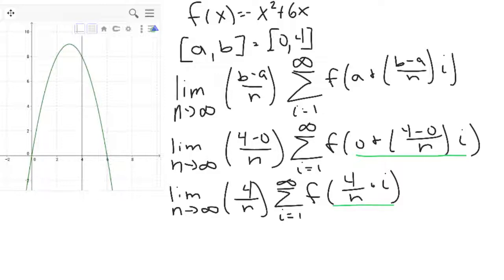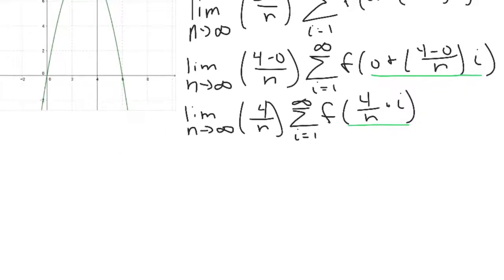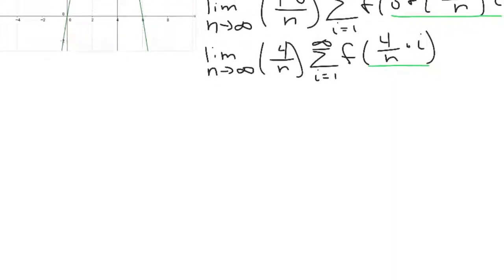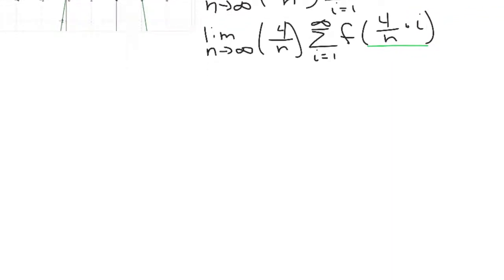Now I can start evaluating my summation. So I'm going to move this up and we're going to keep evaluating. But before I do, I want us to remember that f of x equals negative x squared plus 6x.